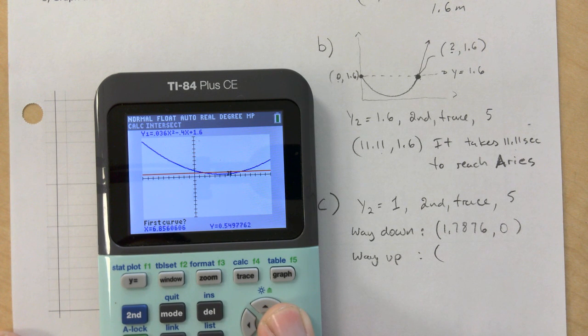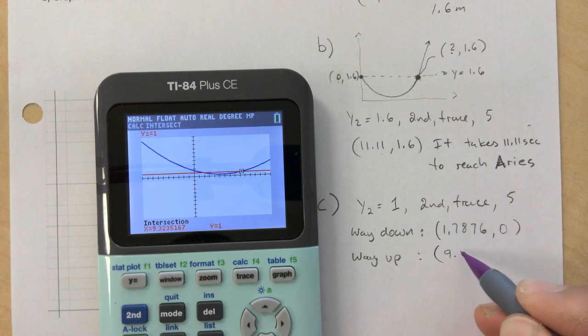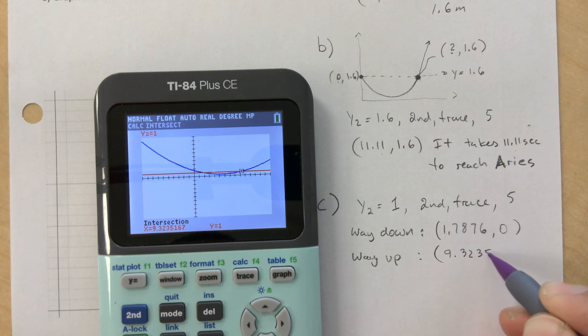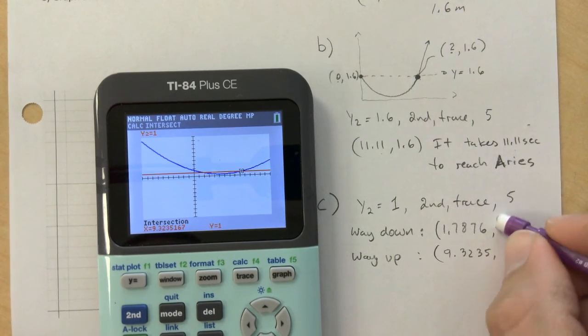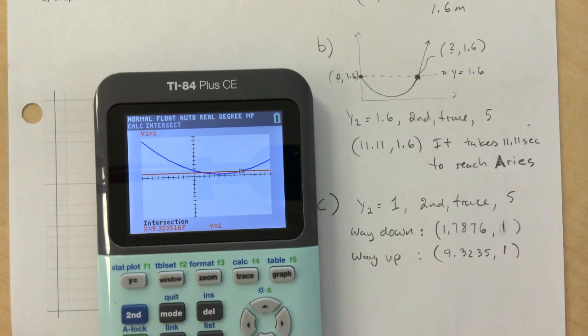I'm going to go all the way to the other side. Enter, enter, enter. Okay. And there is 9.3235. Sorry, I don't know why I'm putting 0 down here. That's supposed to be a 1 here. Okay. So it is happening twice.